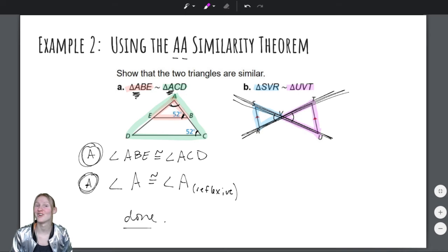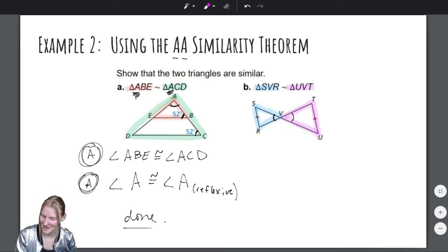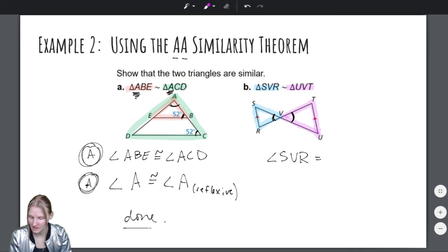These are called, what type of angles are these? Can you remember? They are vertical angles. So we know angle SVR is congruent to angle UVT because they are vertical angles.